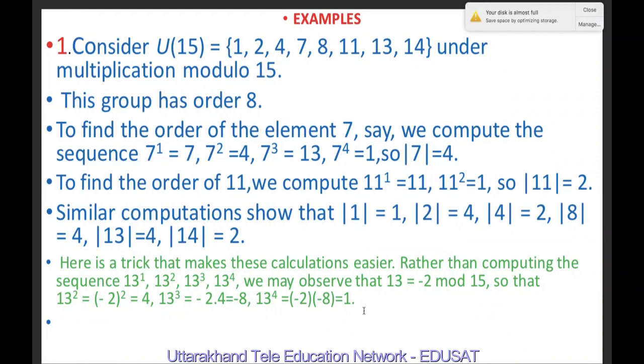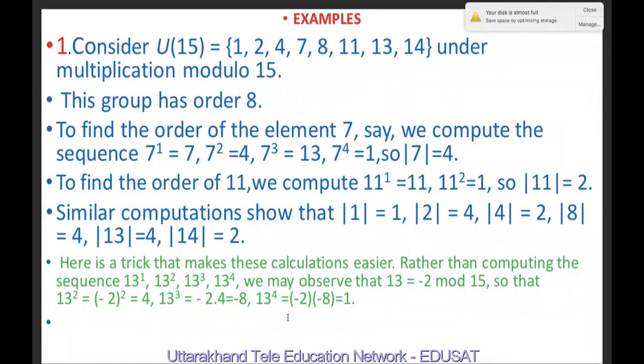So this is another way of calculating larger terms. You can also calculate by applying this procedure. Calculate 13 square. 13 square will be 169 divided by 15. You will get the remainder. Similarly, you can calculate 13 cube divided by 15. You will get the remainder. Calculate 13 raised to 4, then divide by 15.